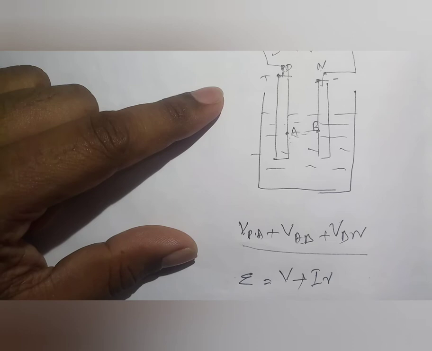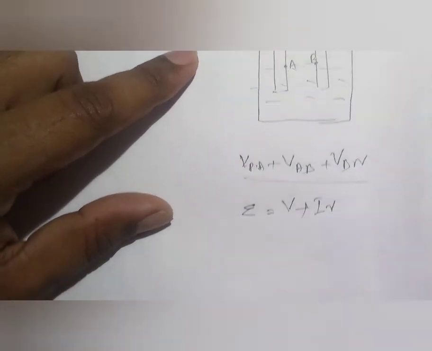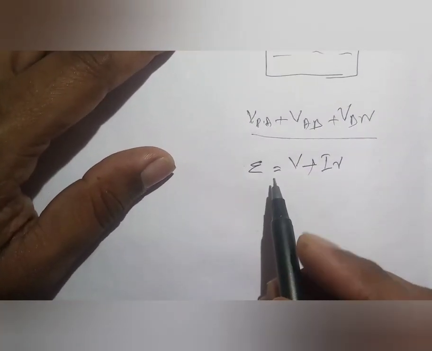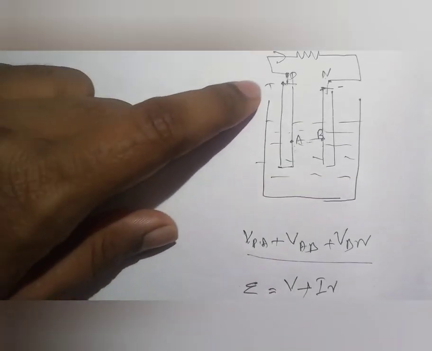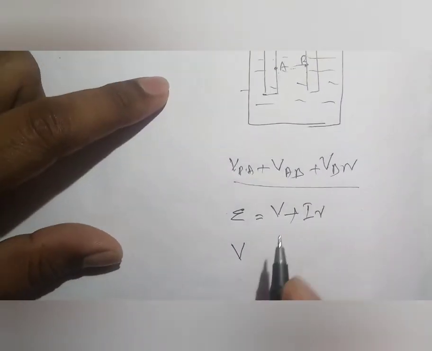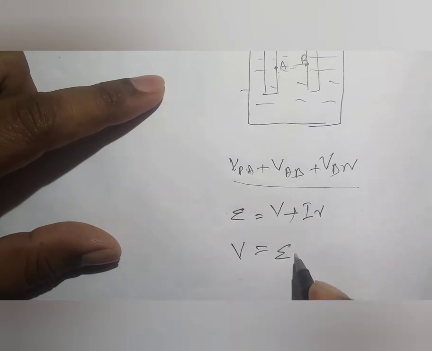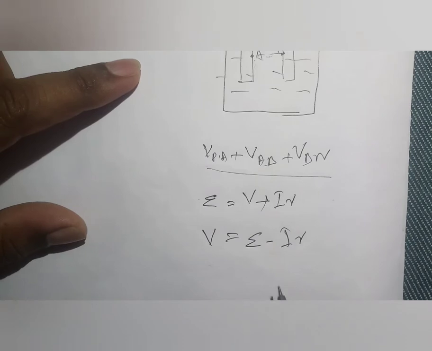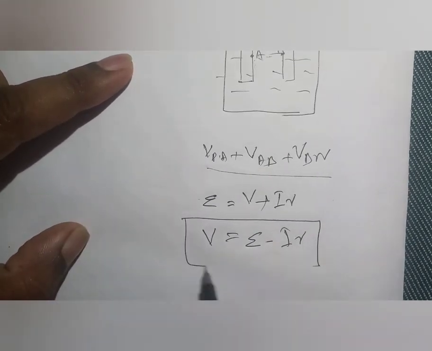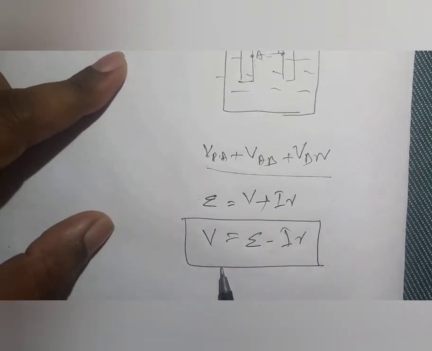Or if you take it another way, we can write the potential V, that is the potential across these two, P and N, equal to E minus Ir. So take this equation as the main equation. We will try to understand how this works.